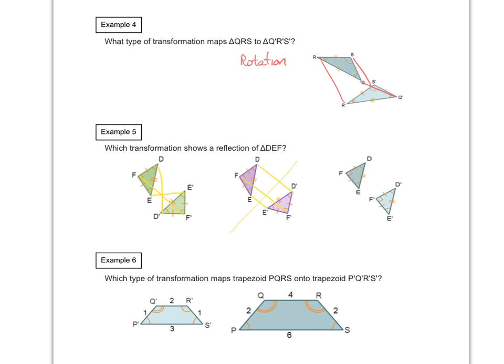There's probably a line of reflection in there, but E to E prime, F to F prime, D to D prime, these are all the same length. So this is my translation, my reflection, and probably going to be a rotation. So just being able to recognize and see those.